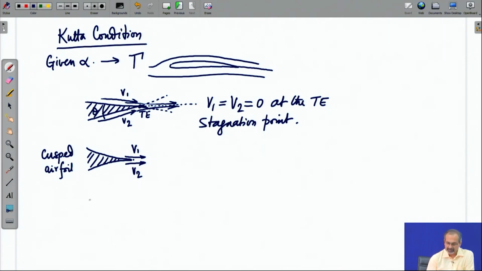If you apply the principle of P plus half rho u square remaining constant, because the u's are different, the P 1 and P 2 would be unequal. Now, the kind of flows that we are handling, incompressible flows, cannot support such pressure jumps.